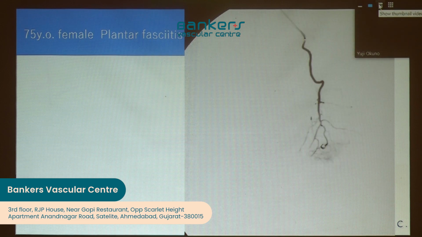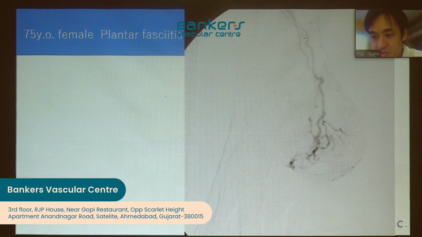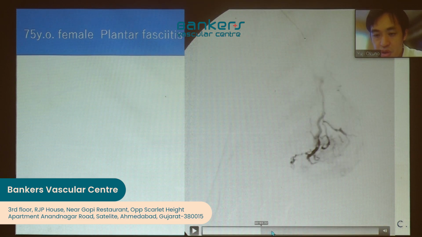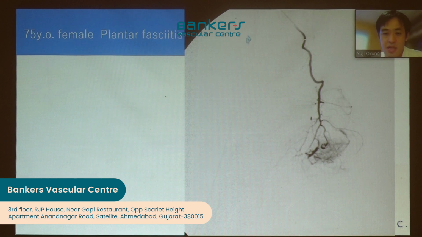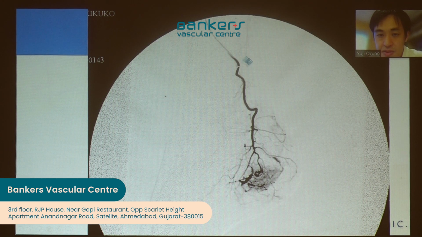Maybe you cannot see it smoothly, the movie doesn't move smoothly, but you can see the abnormal increased blood vessels here. So this is inflammation-induced new blood vessels. This one, and the catheter tip.